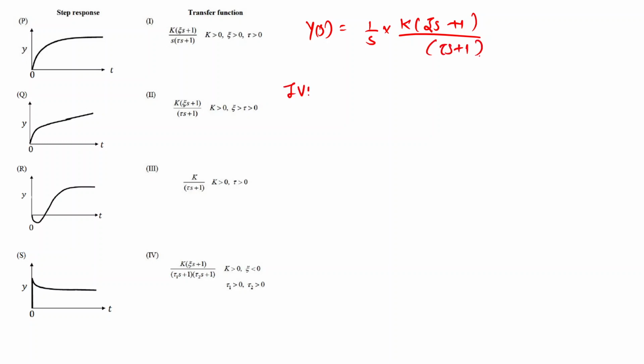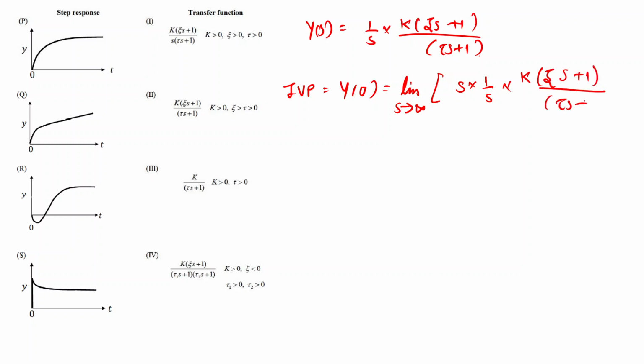Now for the initial value, we can write y of 0 as limit s tends to infinity s into 1 upon s into k (zeta s plus 1) upon (tau s plus 1). This will get cancelled out.